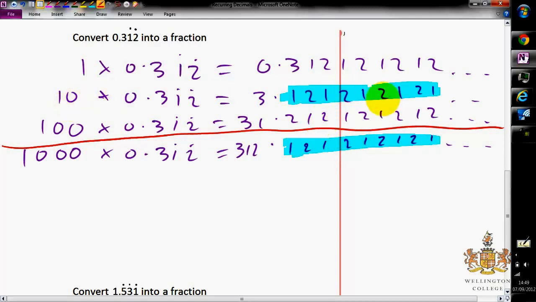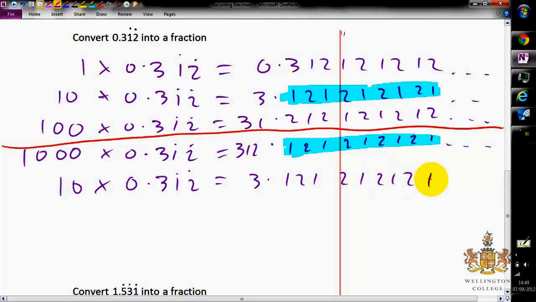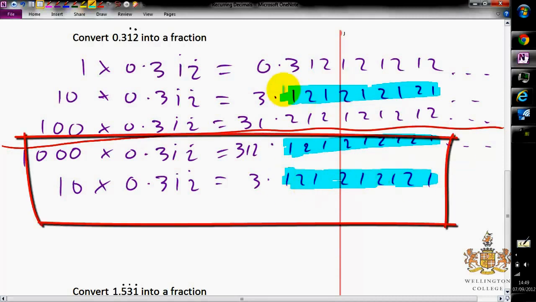I'm going to use the 10 because that matches up. So I'm going to take that 10 and bring it down here. And we've got 10 lots, which is 3, 1, 2, 1, 2, 1, 2, 1, 2, 1. Let's just highlight the bit which matches up just to get that in your minds fresh. So the key thing is the numbers after the decimal place must match up here.